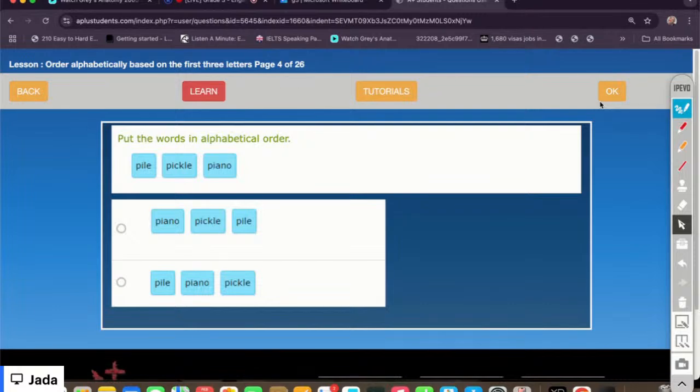Then we have pal, pickle, and then piano. Pal, pickle, piano. Which one comes first? All right, so what's the option for this one?